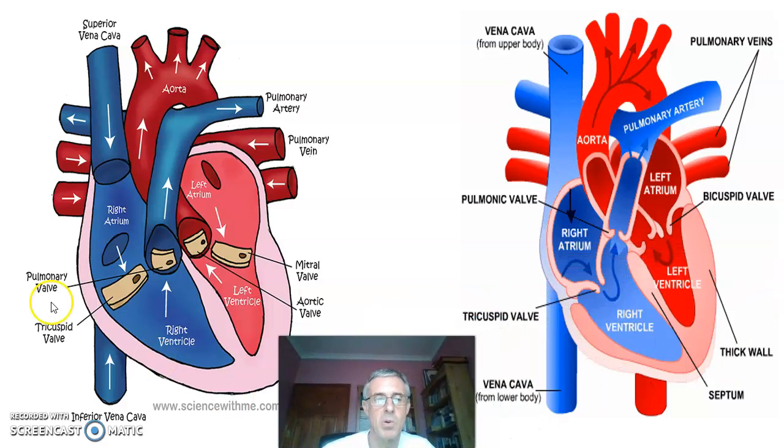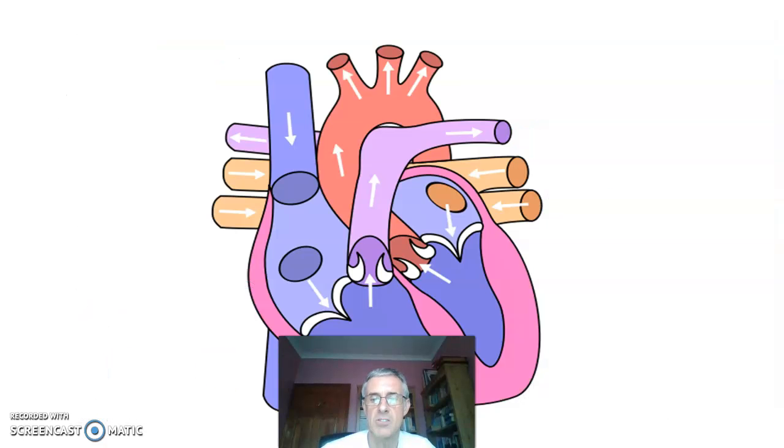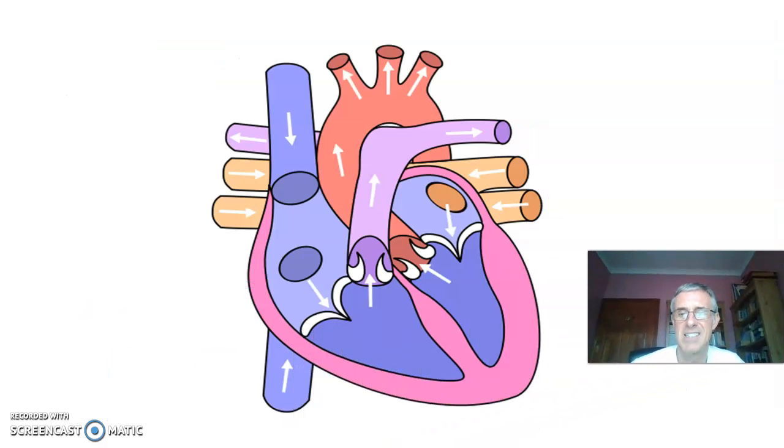So at some point you're going to have to know how to label the heart. There is a vague chance that they might ask you to label all of the heart in the exam, but what they commonly do is ask you to name just certain parts.